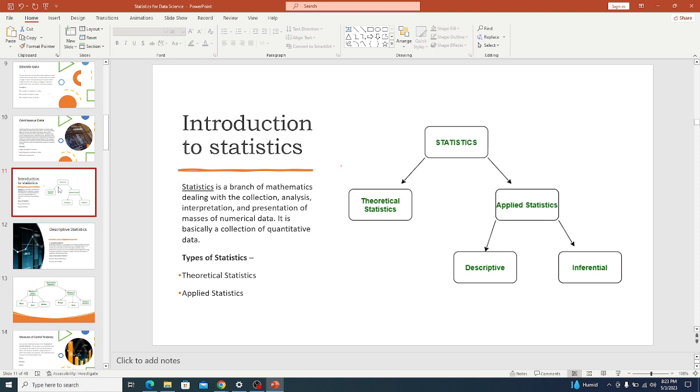And I remember yesterday I told you that we won't go with theoretical statistics because we don't need that much theory under statistics, but it doesn't mean you can't go the extra mile and try to understand what is contained under theoretical statistics.